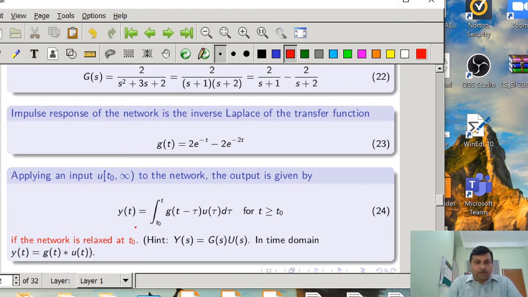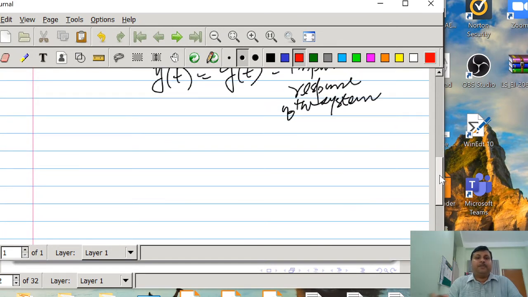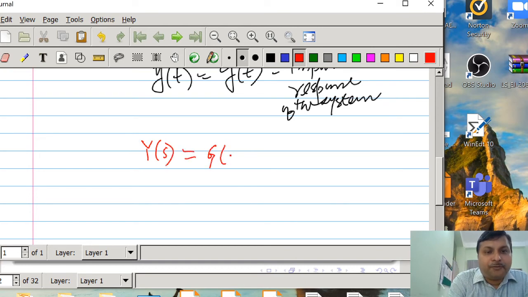And how did we get y(t), the system response for any input from t0 onwards, by this expression? For that we will go back to our previous discussion. Just now I told you that y(s), the system output, is written as G(s)·U(s).